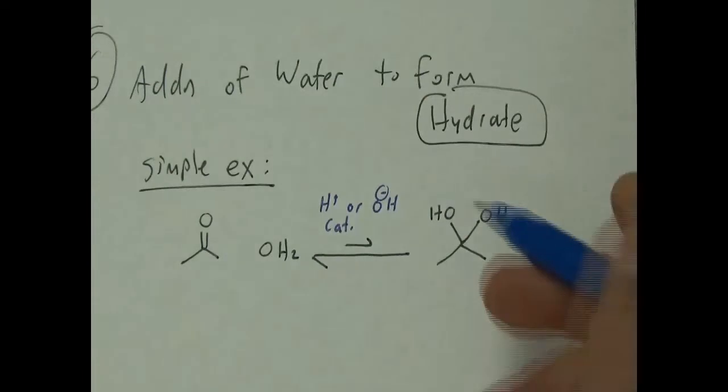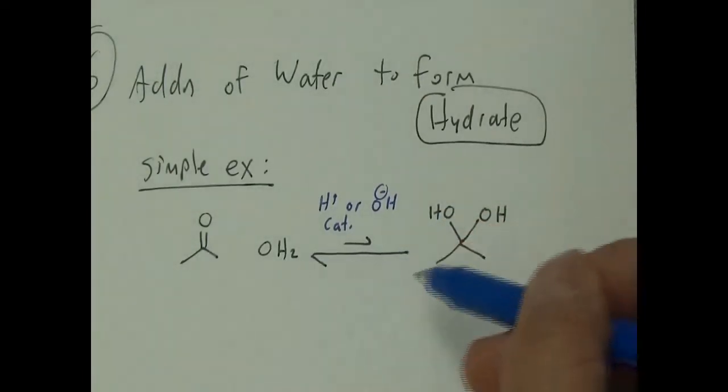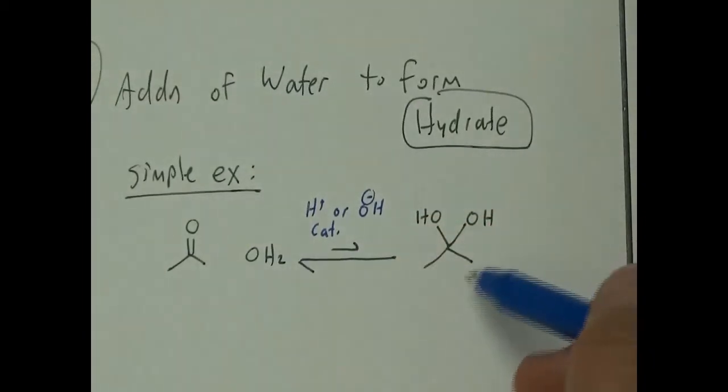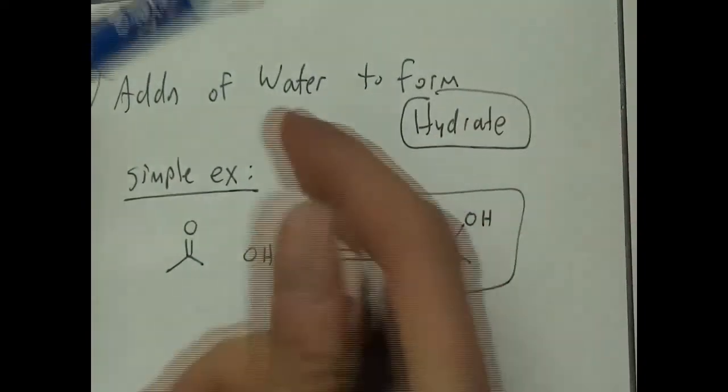There's a little bit of acid or a little bit of base, but it causes this reaction. It's not tremendously favored, so the equilibrium is kind of on the left favored and not too much on the right.